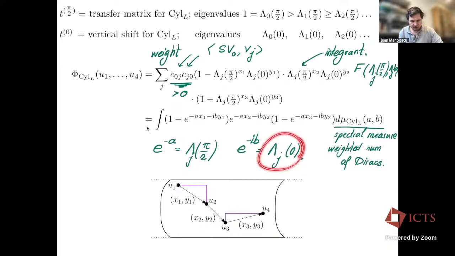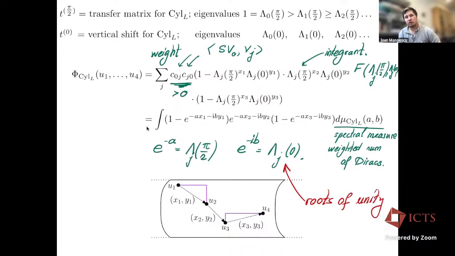These eigenvalues are all roots of unity, because they are eigenvalues of the shift operator that to the power L becomes the identity. So they're all roots of unity. These ones here, these eigenvalues, are between 0 and 1. Well, they're between -1 and 1, but let's just say they're between 0 and 1.